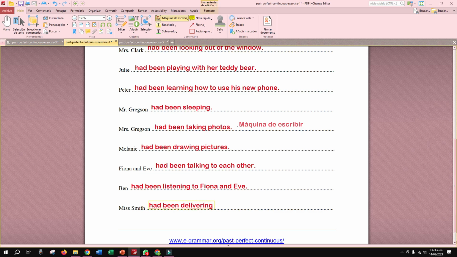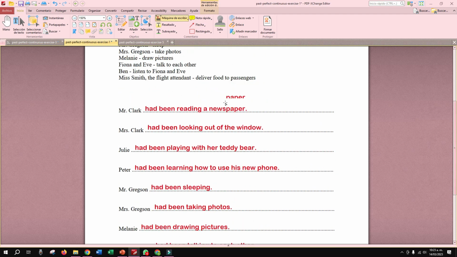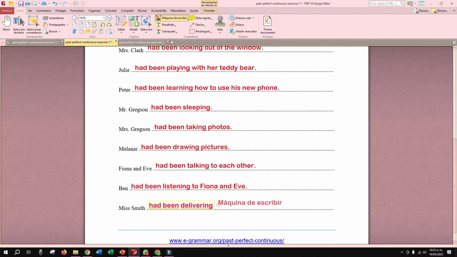We can say food, I guess. Yeah, food to the passengers, right? Good. So, Mrs. Smith had been delivering food to the passengers.